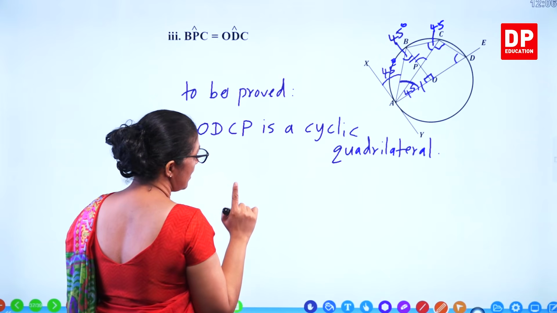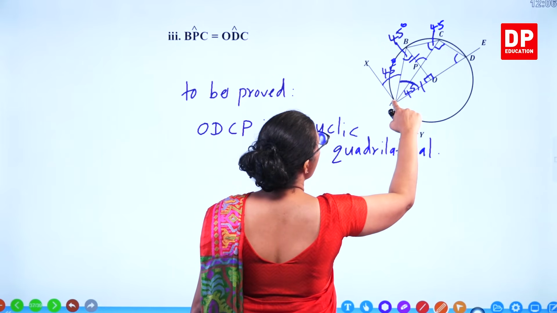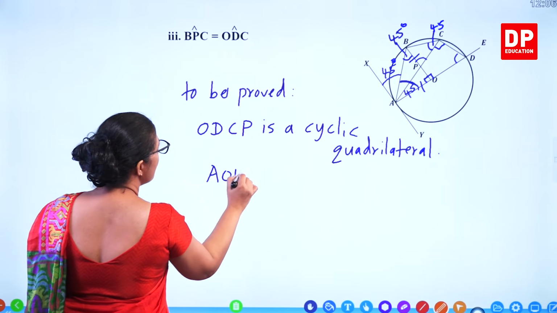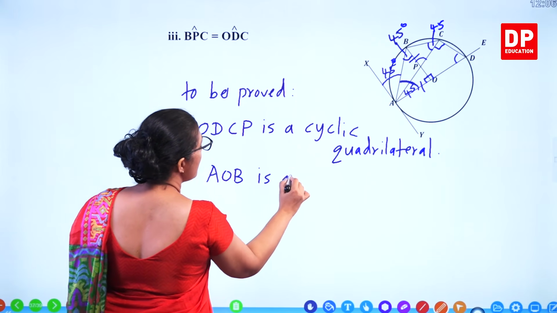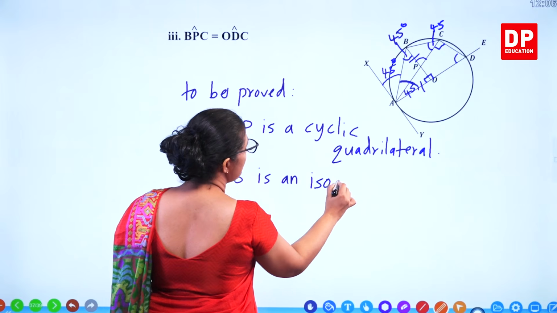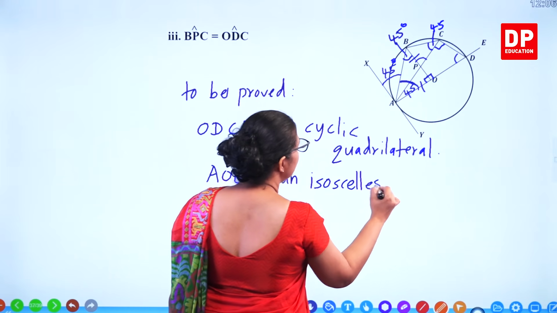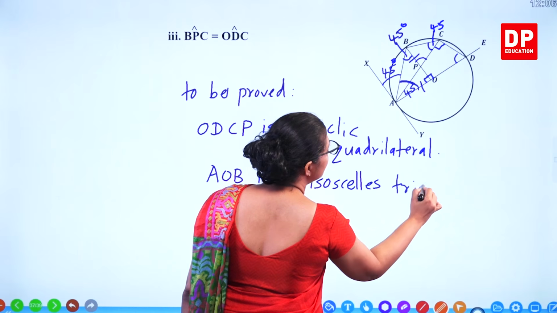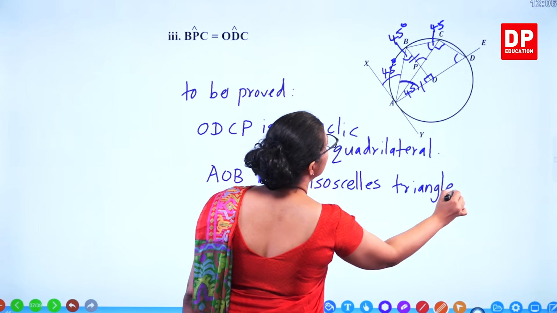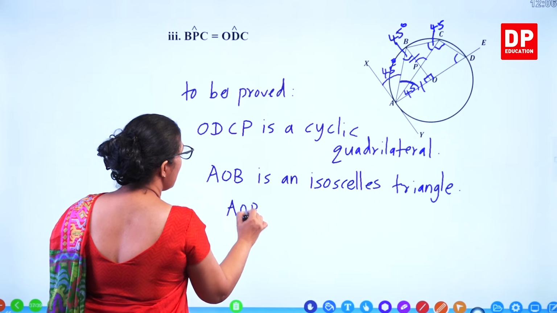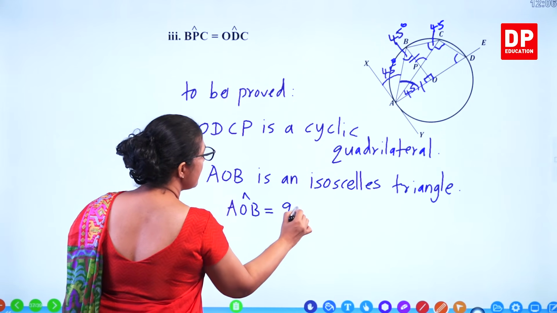For that, we can see AOB is an isosceles triangle and angle AOB becomes 90 degrees.